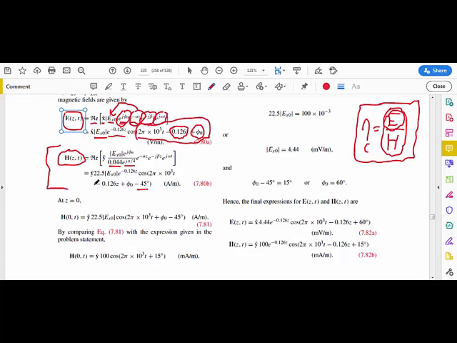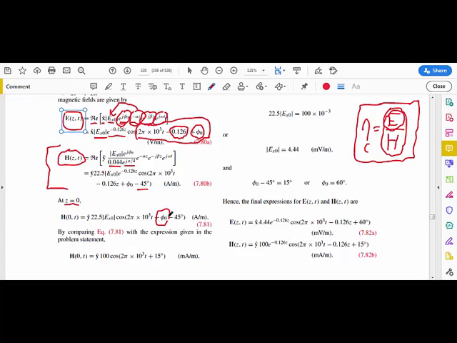At z equal to 0, this expression will equal 22.5, which is from the intrinsic impedance, multiplied by Ex naught, the magnitude, which is still unknown, multiplied by cosine of 2 pi times frequency, which we know. There is no beta z here because z is equal to 0, plus the initial phase minus 45 degrees.